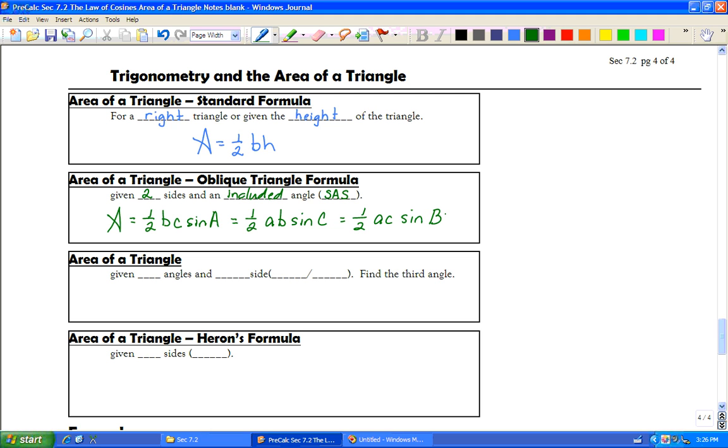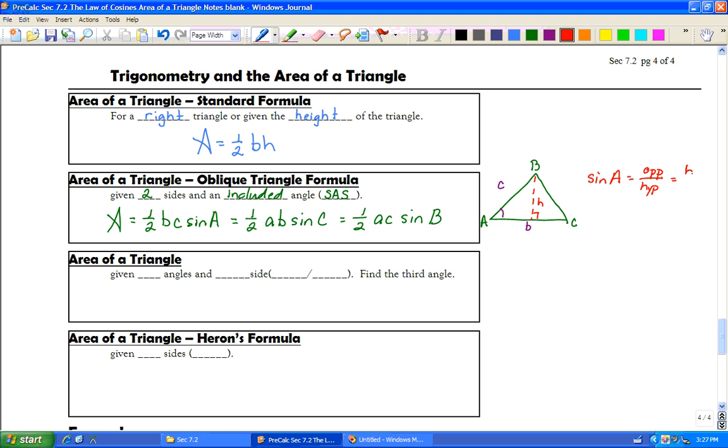angle B. Now this one comes from, let's just do a real quick sketch here of a triangle. We have angle A, angle B, angle C. So if we're given side, angle, side, so let's say we're given side B, angle A, and side C, well, we can use that information to figure out the height of our triangle, because the sine of angle A is the opposite side over the hypotenuse.